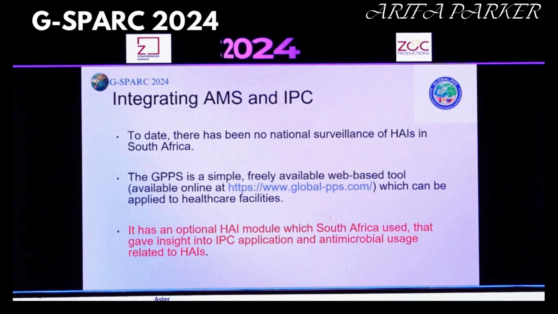So some valuable data. So what made this most recent report refreshing was the integration part, integrating IPC and AMS. And to date, there had been no national surveillance of HAIs in South Africa. And so the IPC Technical Working Group of the Ministerial Advisory Committee for Antimicrobial Resistance collaborated with the University of Antwerp, Belgium, for South African state hospitals to participate in the Global Point Prevalence Survey to look at the rate of HAIs, antimicrobial prescribing and usage.